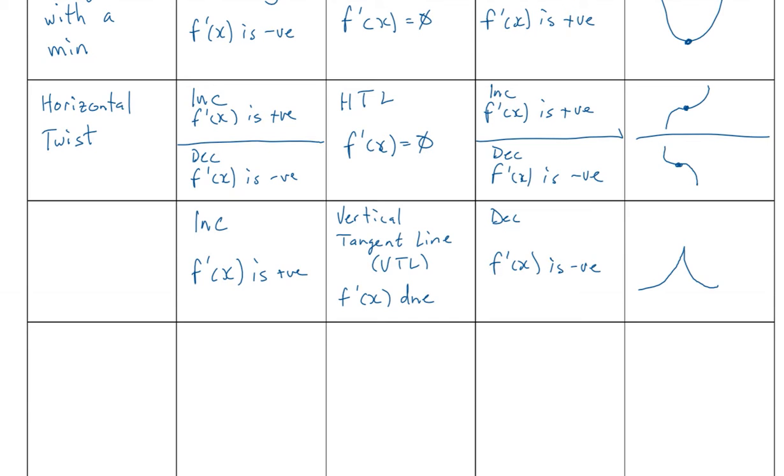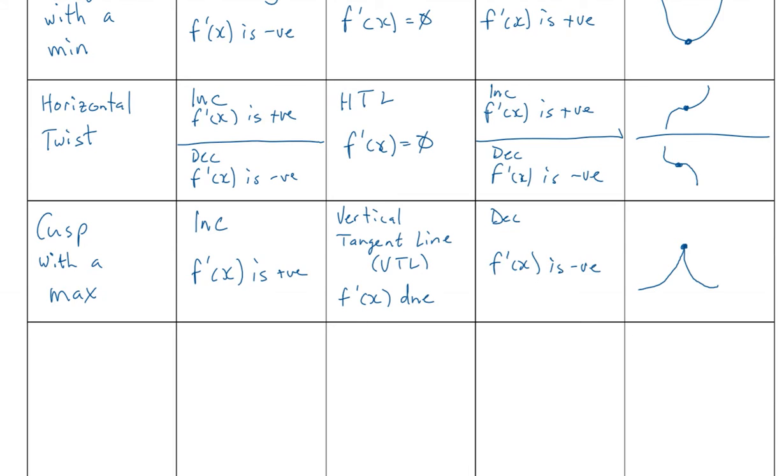And if it's increasing before and decreasing after, then this is what the graph looks like. And what is this called? This is called a cusp. And this one has a max. Okay, it's called a cusp. And at that max point, we have a vertical tangent line.